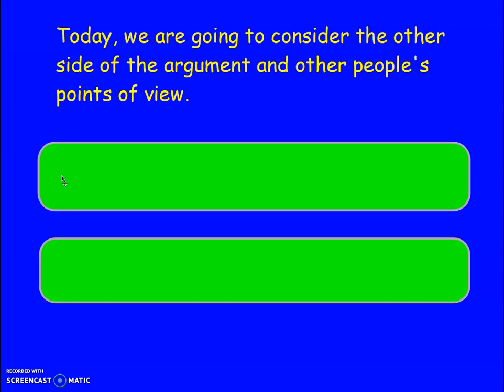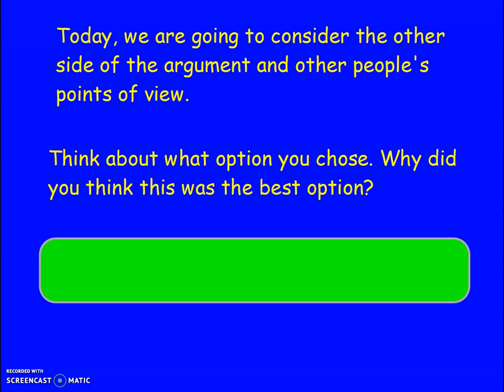So we're going to be thinking about other people's points of view. So what I want you to do now is think about the option that you chose yesterday. Did you decide that animals should be kept in zoos, or that they should be left in the wild? Why did you think that that was the best option?